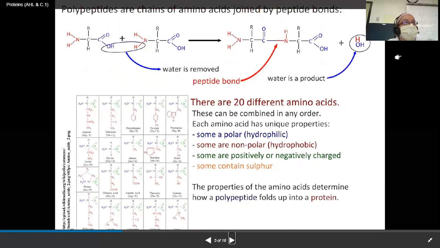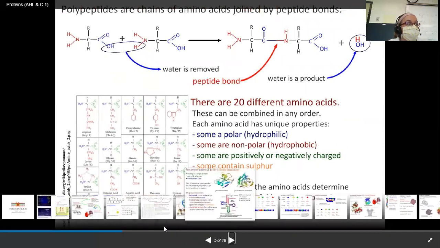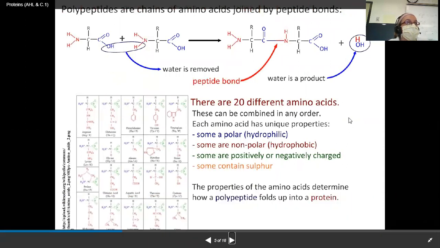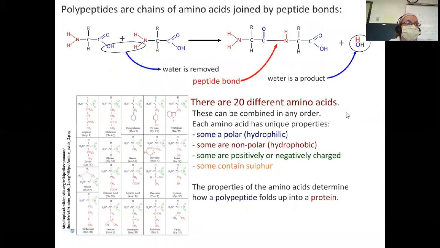Okay. This is just a review here. We've already talked about that. Here are all 20 amino acids if you were curious. You tend to see them organized into a chart like this. Each one has its own unique properties. If you're an upperclassman or a graduate student going into sciences, you would have to memorize the chemical structures for all of these amino acids and what their properties are.